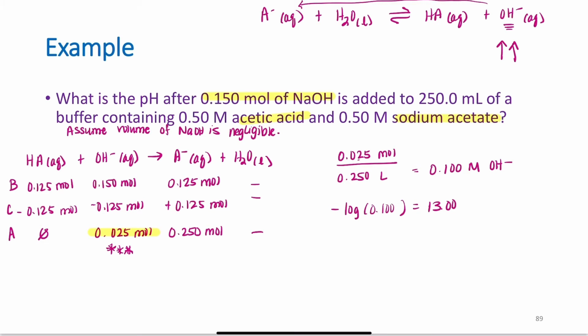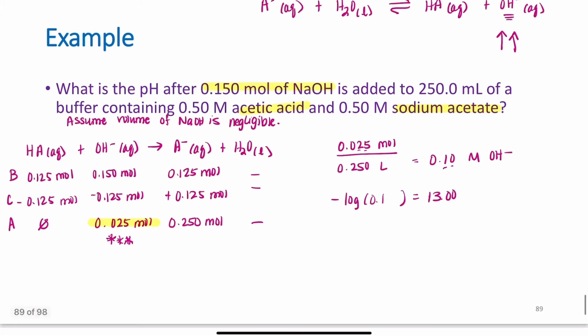I have 2 sig figs here, so this actually needs 2 sig figs. Should be 0.10, 13.00 to keep your sig figs right.